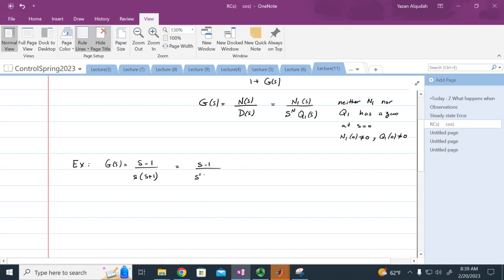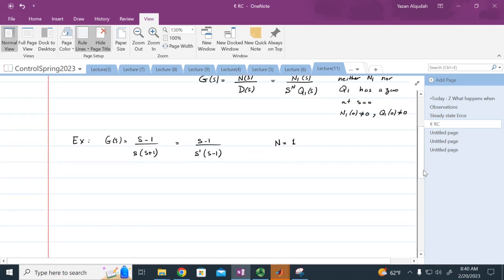And S in the denominator is already out, so I can write it as S to the 1 multiplied by S minus 1. There's no simplification that I can do. So in this case, what is N going to equal? The N that is here, 1. Together?